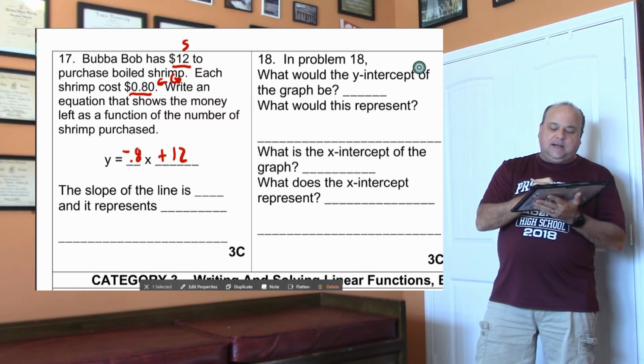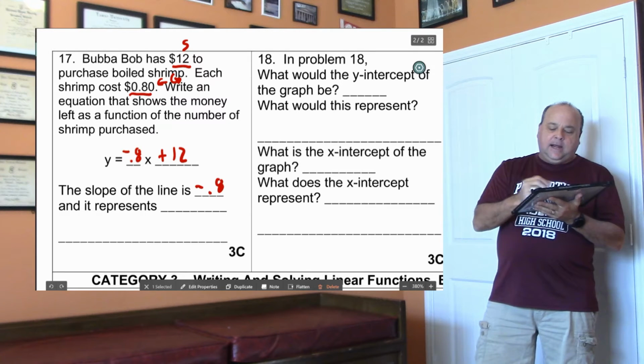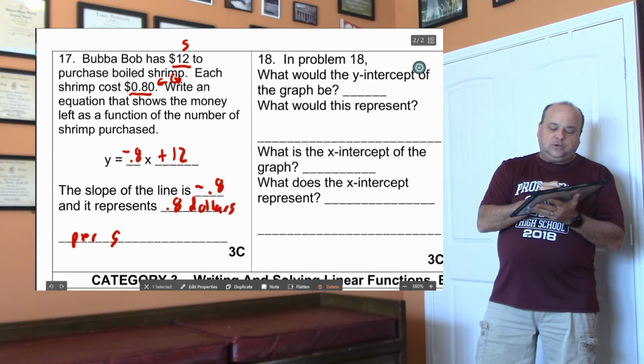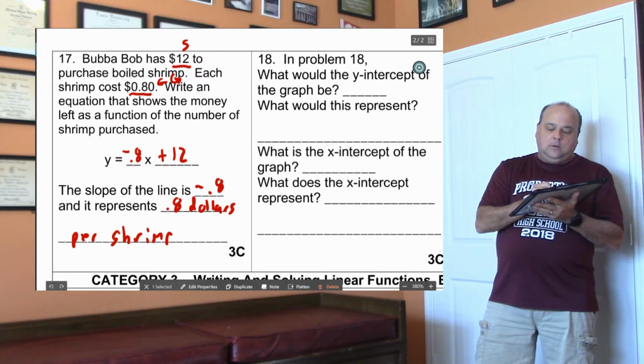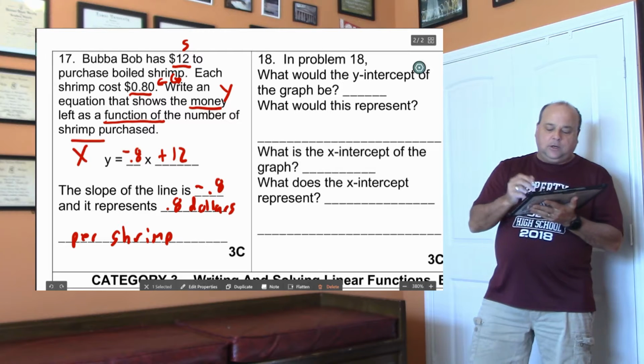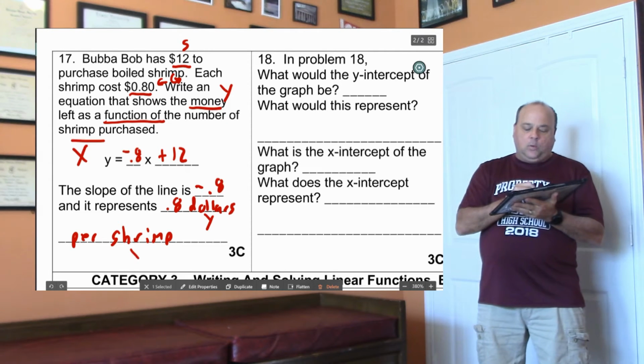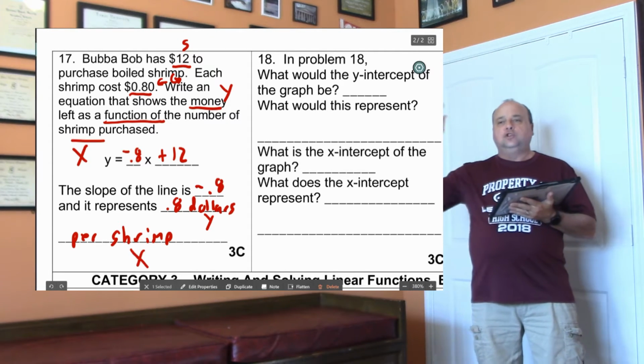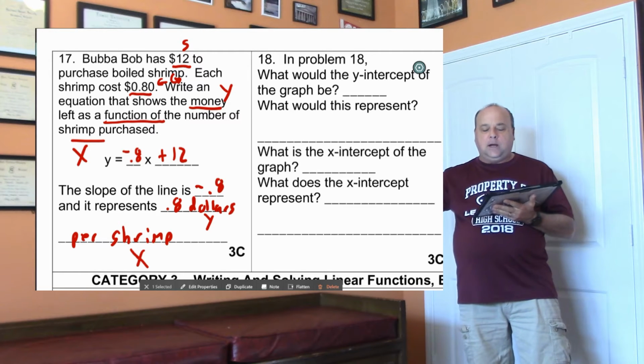The slope of the line is negative 0.8, and it represents $0.8 per shrimp. And remember, you get this right here, money as a function of the number of shrimp. So this right here would be our y per x. Your slope is always y per x.